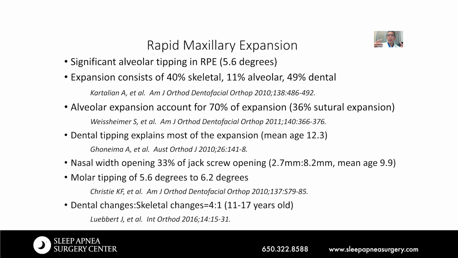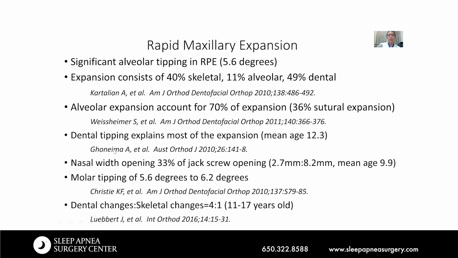So what happens in the majority of maxillary expansion cases is that most of them are actually dental tipping. Only 40% are actually opening up the skeletal aspect. The rest are basically alveolar or alveolar dental. We're just sort of widening the mouth. There's more mouth manipulation rather than nasal manipulation.